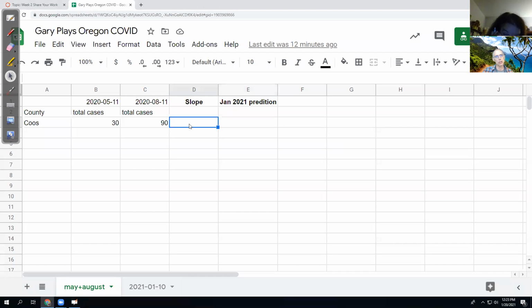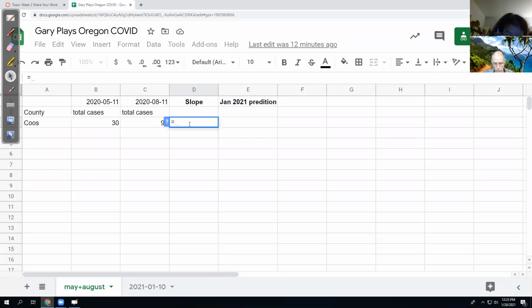So as far as the slope went, that calculation took me 2 parts, right? I had to find the difference between the 2 numbers I was given, and then I had to look at the change in months. And usually if there are multiple stages to a mathematical calculation, you need parentheses. And I showed this in the video in the last class, equals to do a calculation.